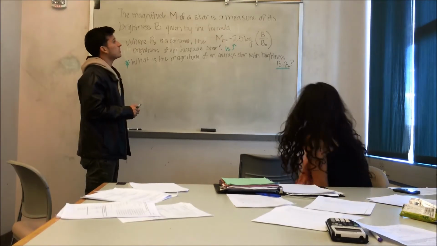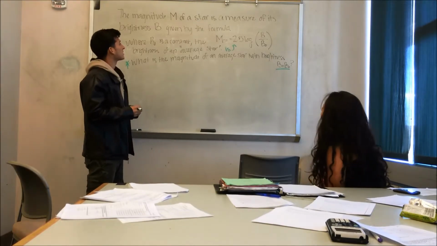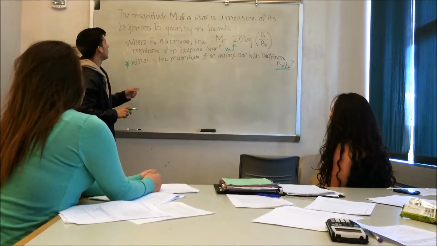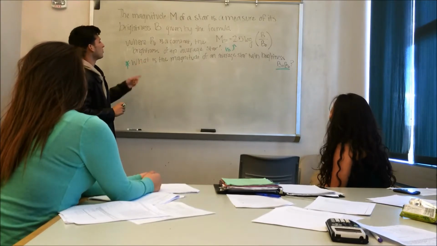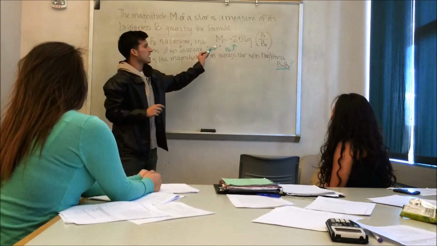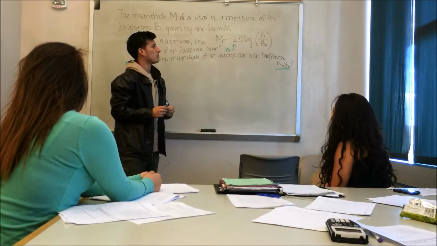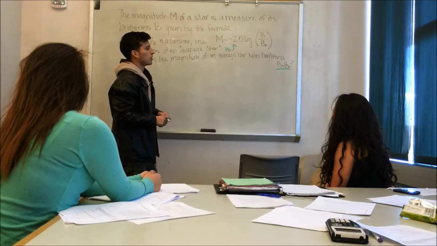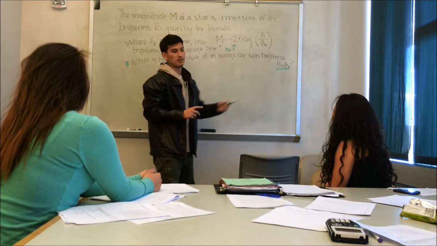The magnitude m of a star is a measure of its brightness, B, given by the formula where B naught is a constant to the brightness of an average star, is m equals negative 2.5 log B over B naught. What is the magnitude of an average star with the brightness of B equals B naught?